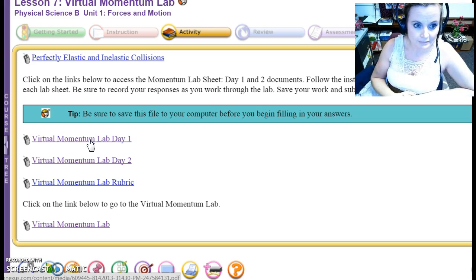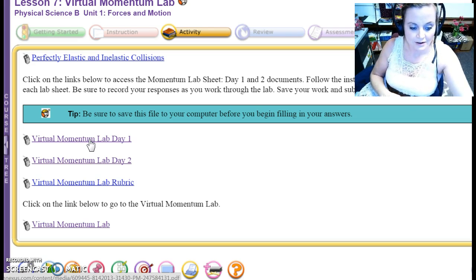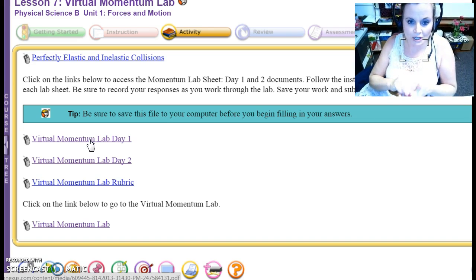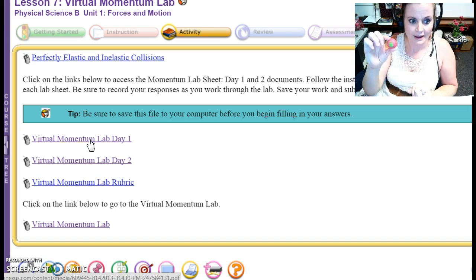momentum. Now it's real tricky for me to go through this in a tutorial like this. The idea is that if you've got two objects and those two objects are moving, an object in motion is going to have mass and it's going to have velocity.